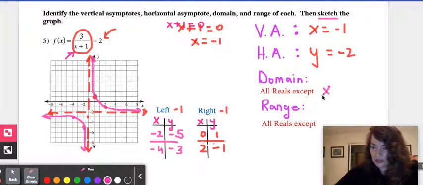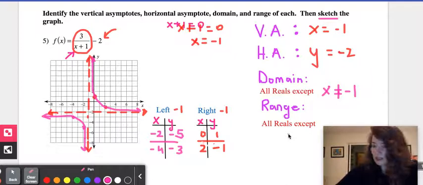So I'm going to write that down here, -1. Now, notice how the vertical asymptote is related to the domain. So the vertical asymptote, again, is x equals -1. Therefore, the domain is x cannot equal -1.